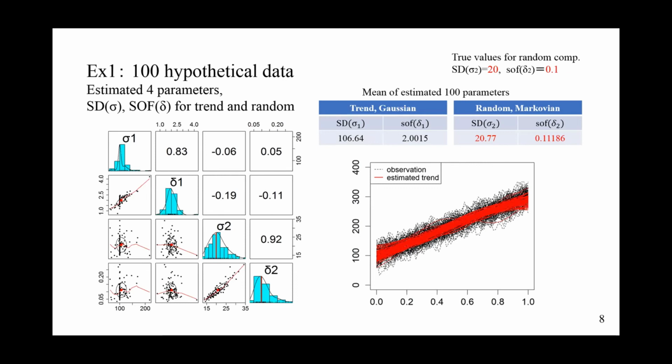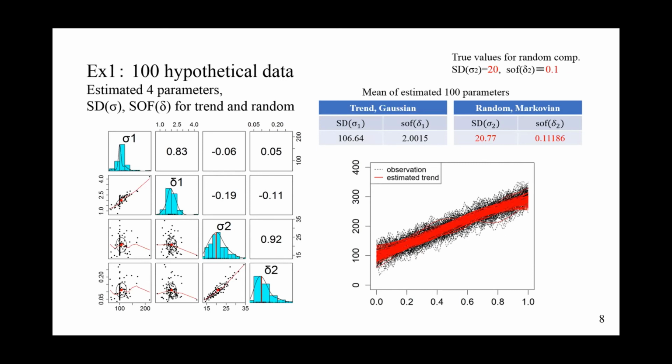For the trend component, there is no true value, but for the random component, we know the true values, that is 20 and 0.1. Not so bad, isn't it?